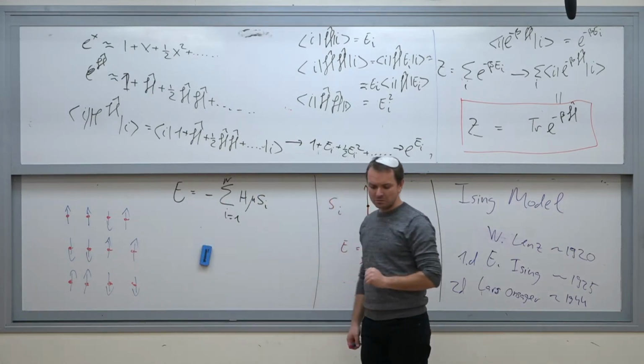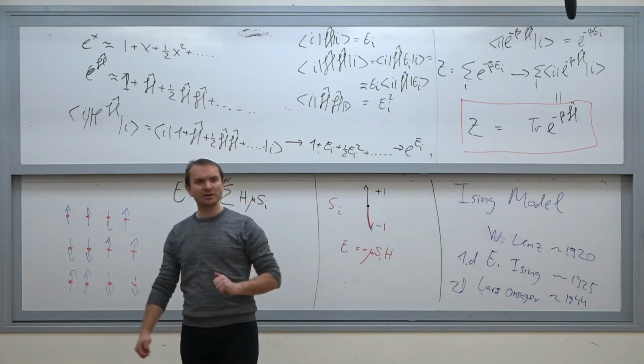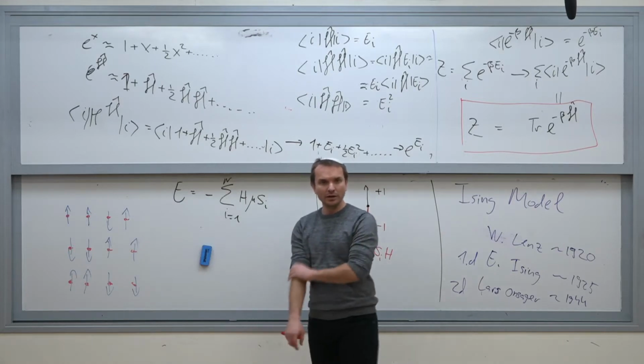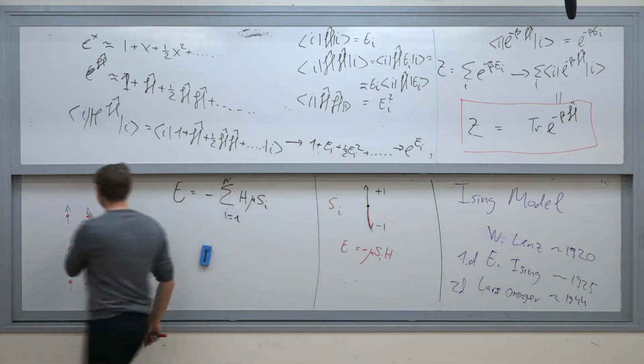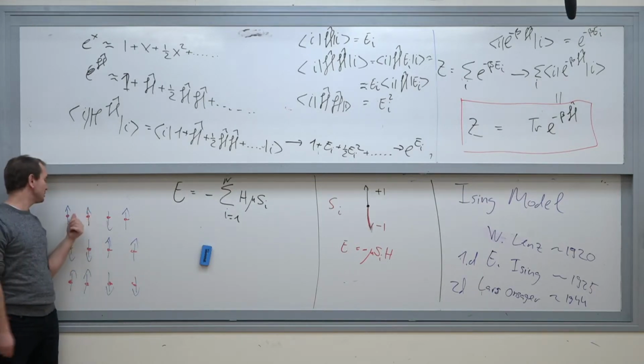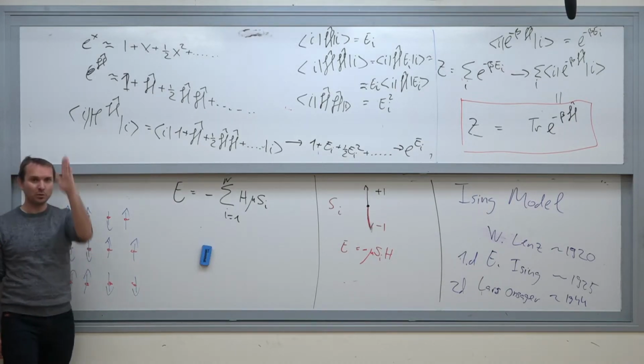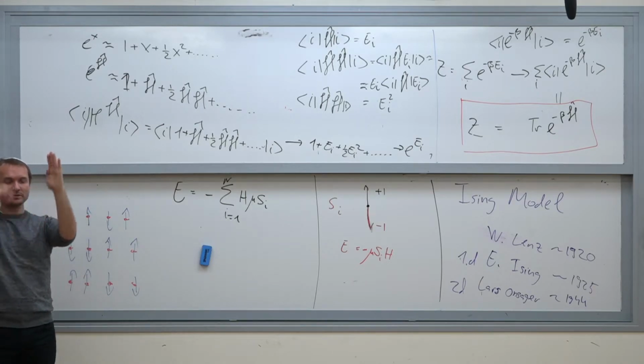Now, what happens in reality? We know that there are some sort of interactions. Since this spin is pointing upwards, its neighbors will also prefer to point upwards, maybe. Why? Well, because it's in a field. If it's pointing in this direction, it creates some sort of an effective field around it.